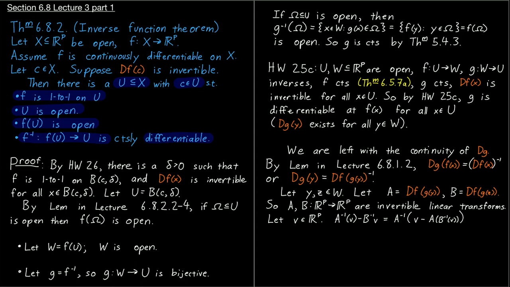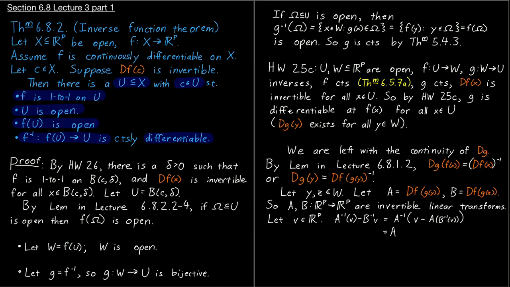Sorry, I said one too many A inverses, but because A is linear, A inverse is linear. The inverse of a linear function is linear, so we can distribute it. We get A inverse of V, and then the A and the A inverse cancel out. And now I'm going to want to move a B inverse out.